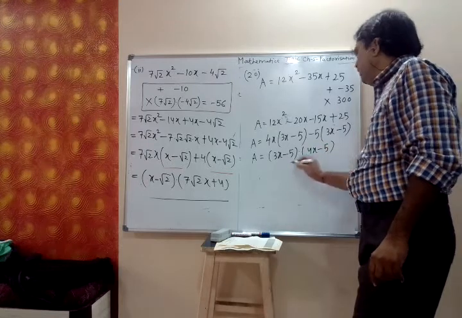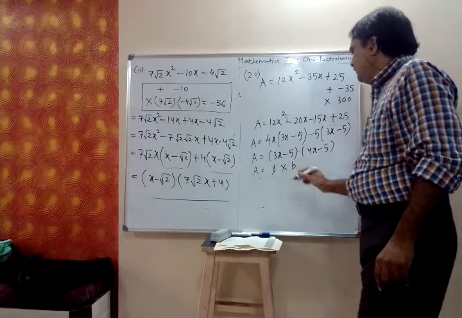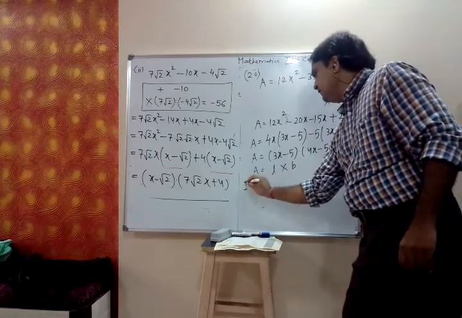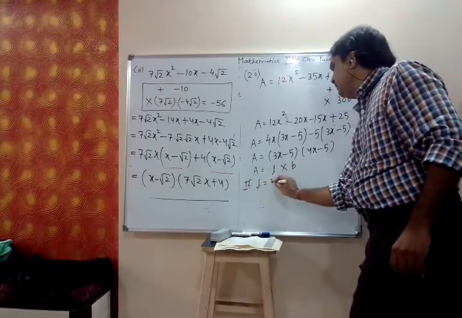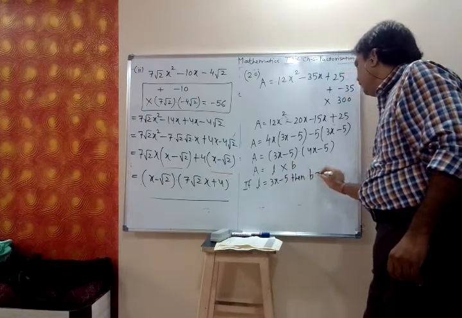And what is area of rectangle? Area of rectangle is length into breadth. So if length is 3x minus 5, then breadth is 4x minus 5.